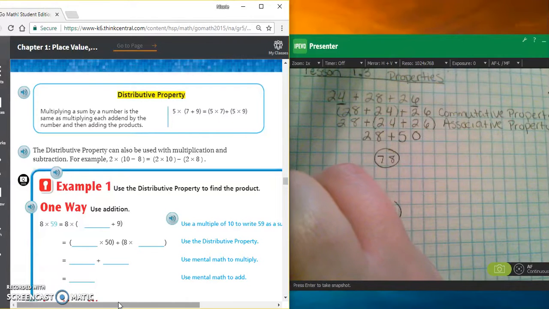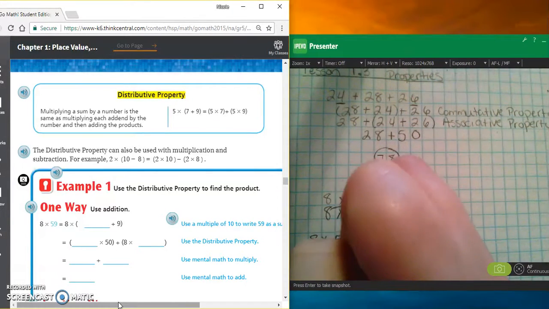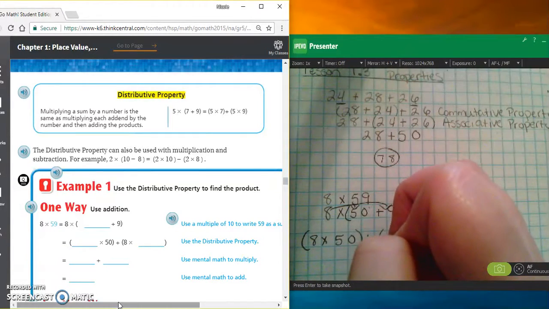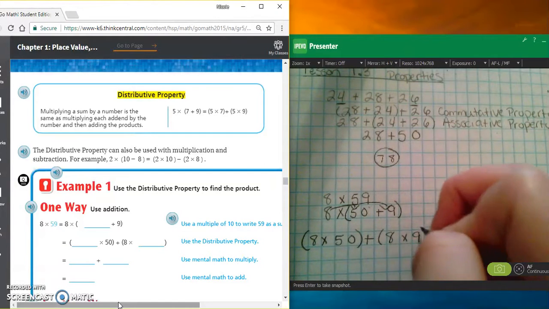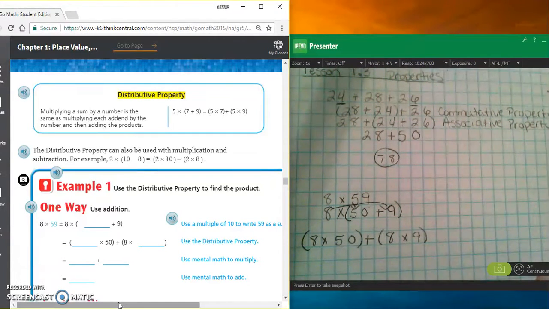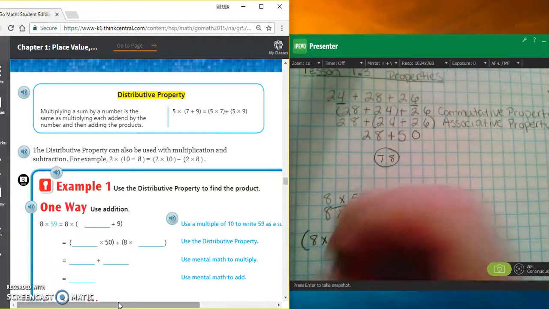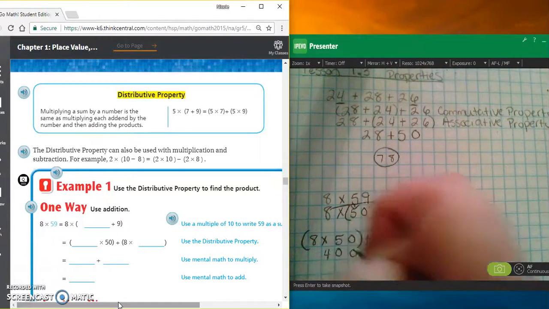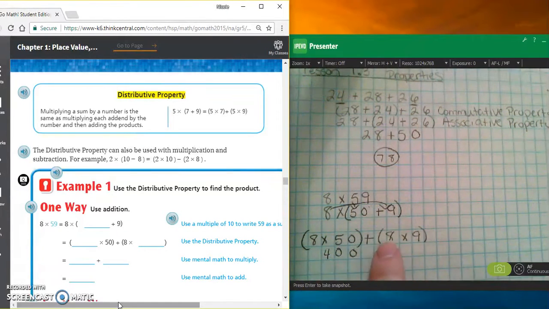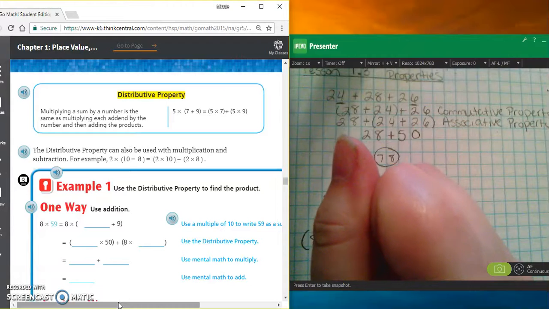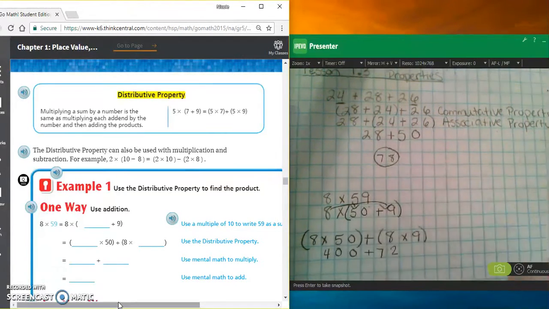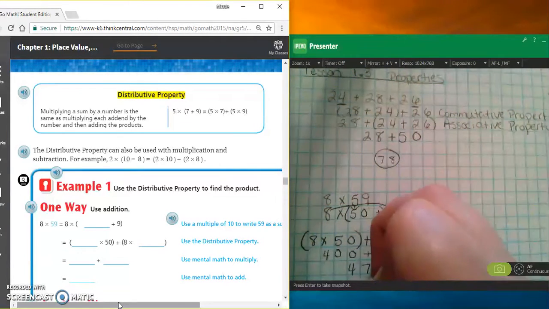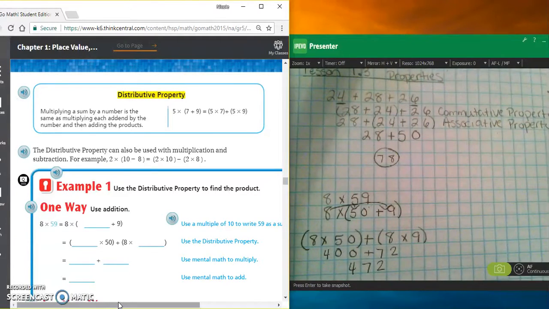So we have to do 8 times 50 plus 8 times 9. And then 8 times 5 is 40, and you add the 0, so you get 400. And 8 times 9 is 72. And you add that together, you get 472.